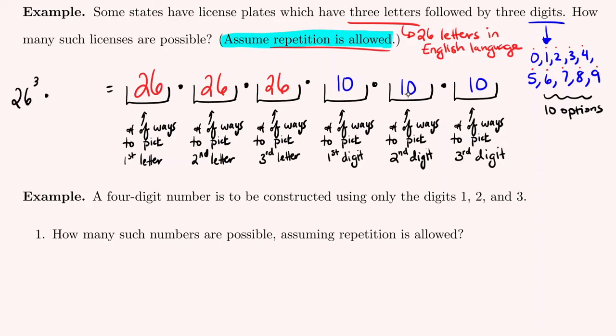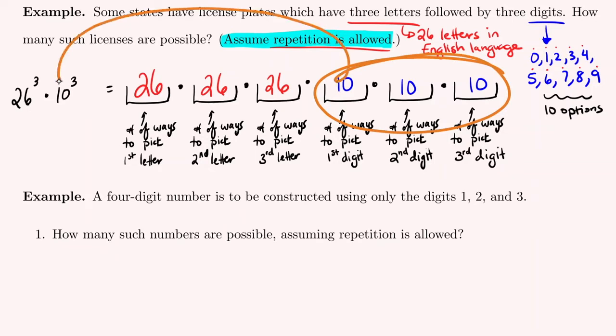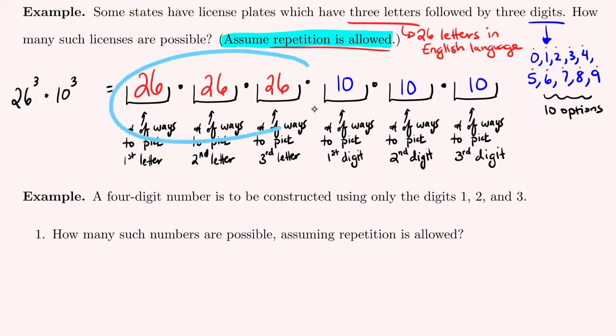Times 10 multiplied by itself 3 times is 10 cubed, because repeated multiplication can be expressed as exponents. 10 times itself 3 times. 26 times itself 3 times. And that's how we go about this problem.